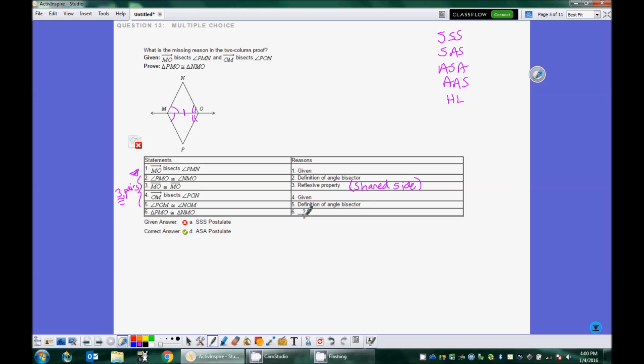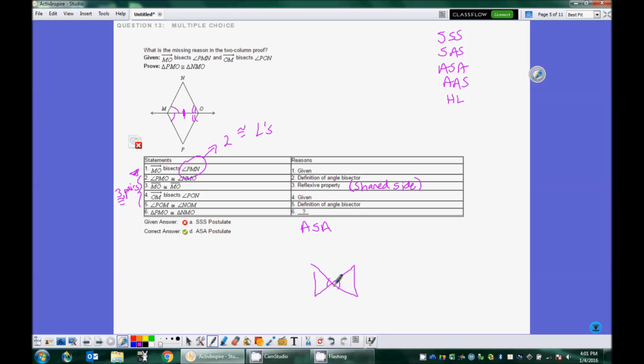This part was another given. So MO bisects angle P. That means I've got 2 angles that are congruent. And when I look at this last choice here, I've got 2 pairs of angles, and the side is in between. So I've got angle, side, angle. Okay. So whenever you're bisecting an angle, you get 2 congruent angles. If I were bisecting a segment, I would have 2 congruent segments.